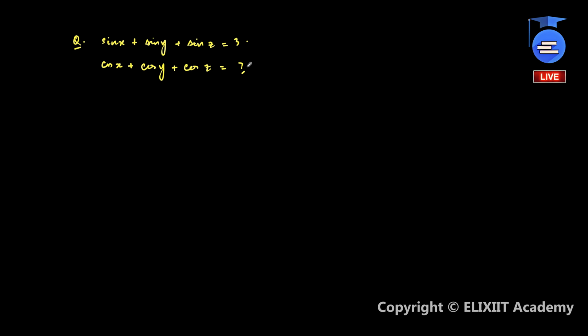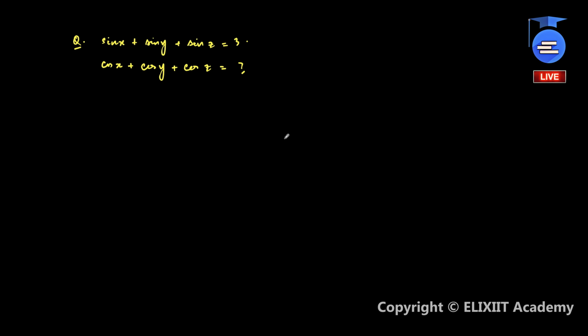So what do I do? What is the actual reason, and how will we find out if sin x plus sin y plus sin z is given to be 3? First of all, you all know the maximum value of sin x can be 1 and the minimum value can be -1.